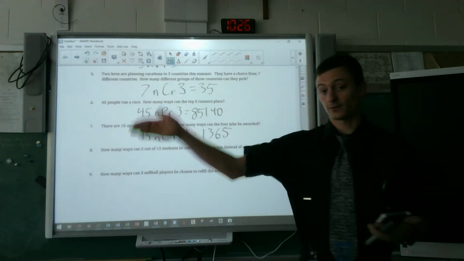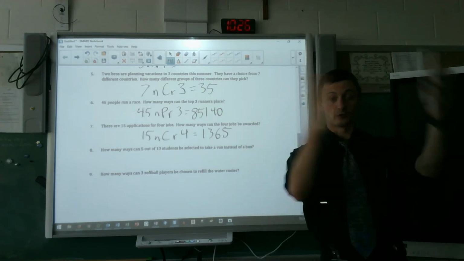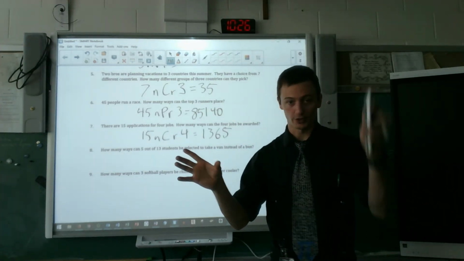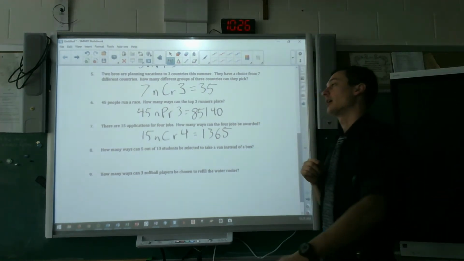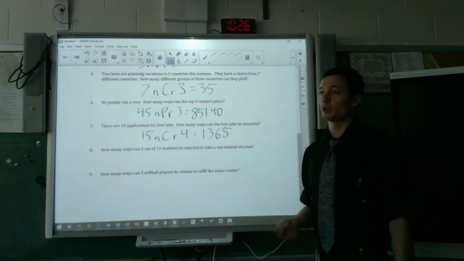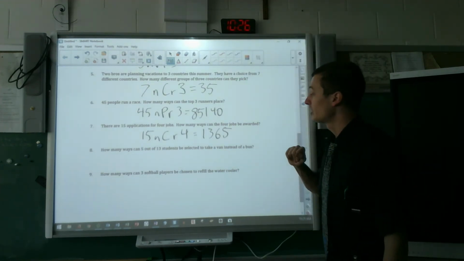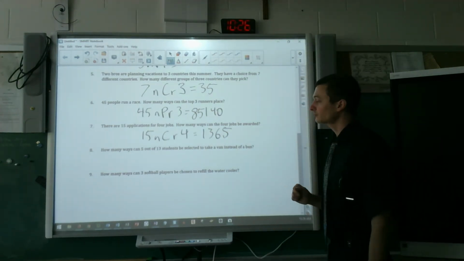So the first person gets the first job, the second person gets the second job. This is saying I want 4 people to fill 4 jobs. If it was more specific, saying I want this person to fill this job, this person to fill this job, and this person to fill this job, and this person to fill that job, then it would be a permutation because the order would matter. However, the way this is set up, the combination order is not so important in this case.